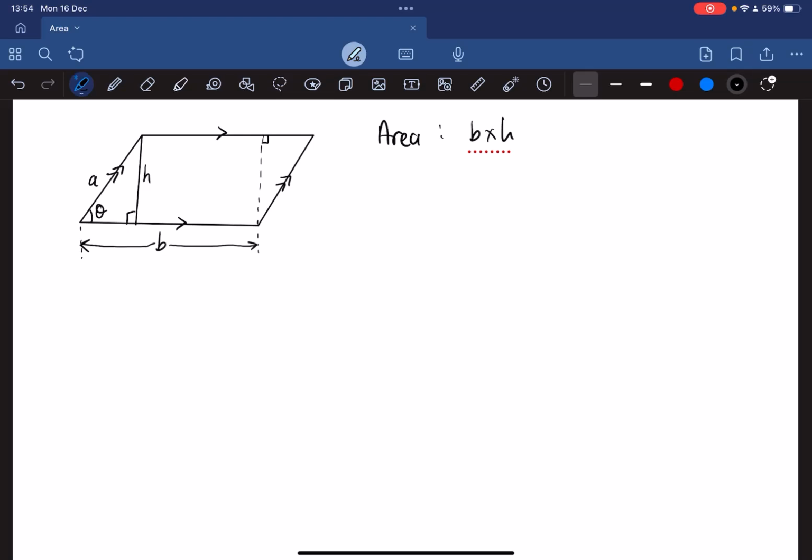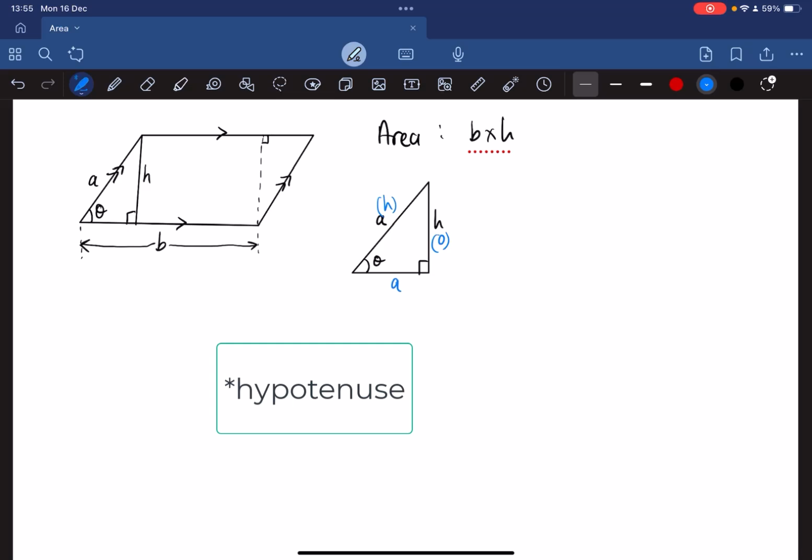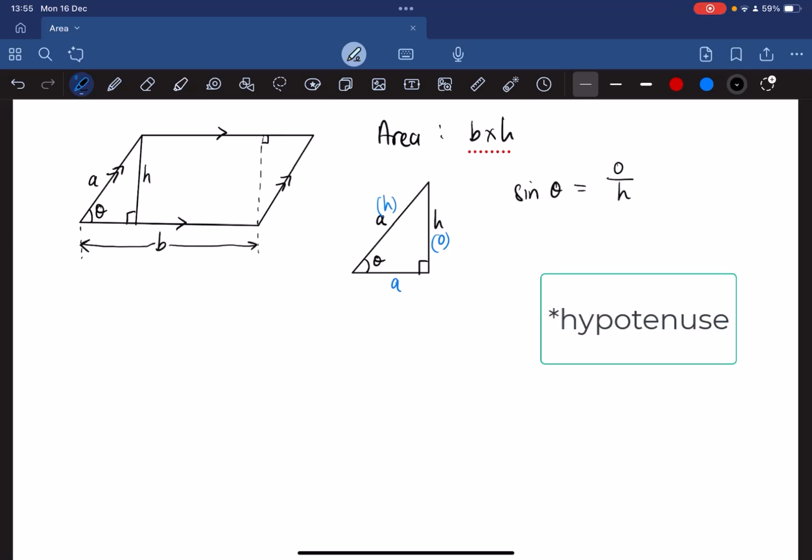And using our trig, I'm going to sketch this triangle. From this whole diagram, we extracted this part, which I have drawn right here. By looking at this, this is the opposite, this is the hypotenuse, and this is the adjacent. And we have the opposite and the adjacent. So we are going to use sine theta, which is equal to opposite over hypotenuse, to find our edge.